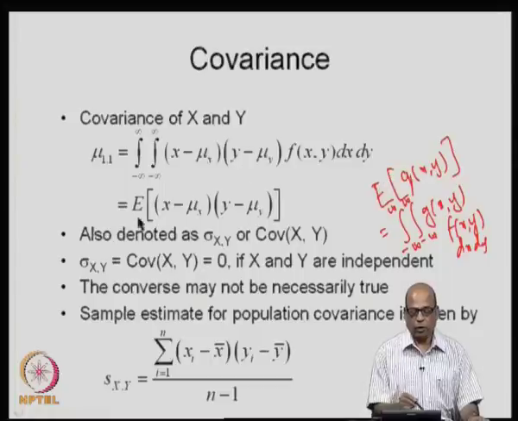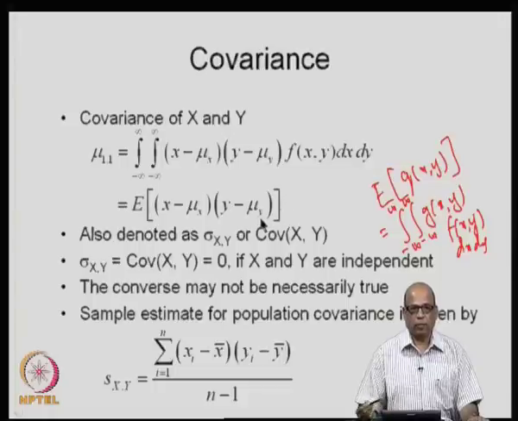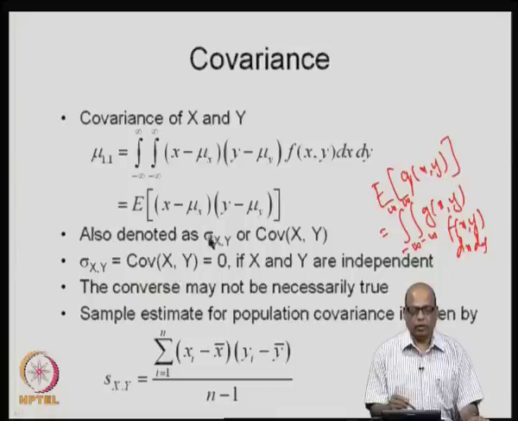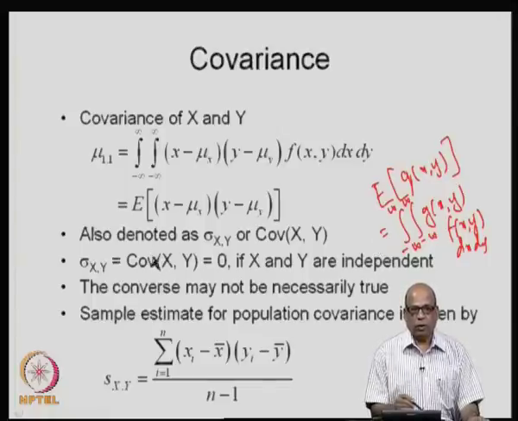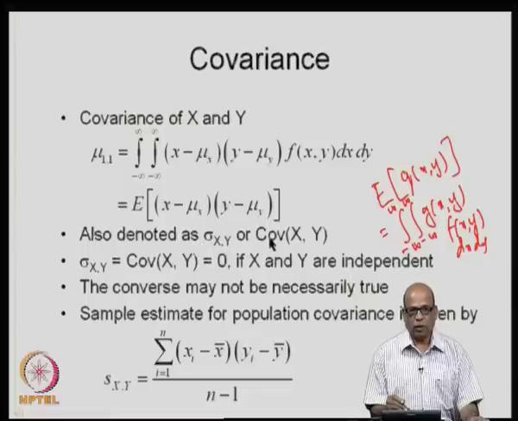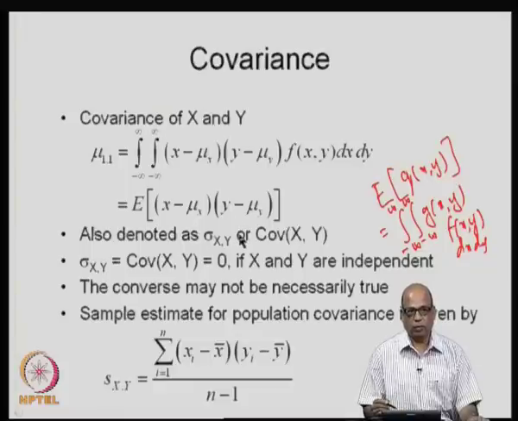Therefore, from this result we write the covariance of x comma y as the expected value of x minus mu x into y minus mu y. The covariance is denoted as sigma x y or simply covariance of x comma y. So, this is how we denote the covariance.